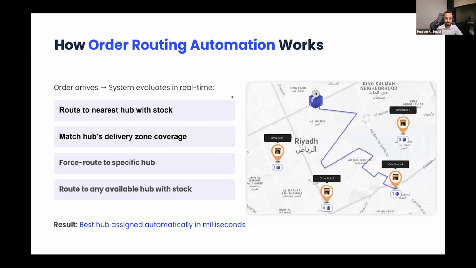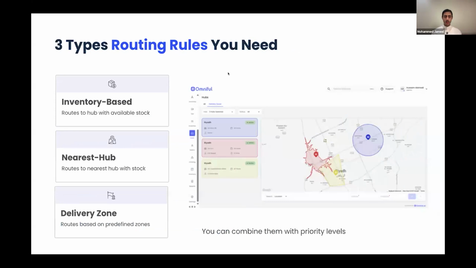Amazing. So let's move into the three types of routing rules that you need as an operation manager. What are usually the cases or types? Can you walk me through them and give an example? Okay, let's consider that I have multiple hubs, which could be branches, warehouses, or dark stores in the same region.